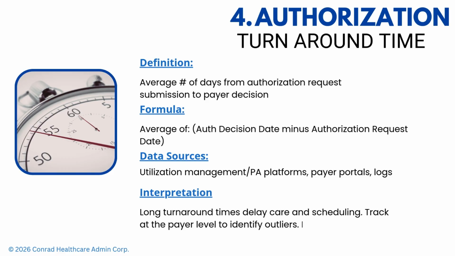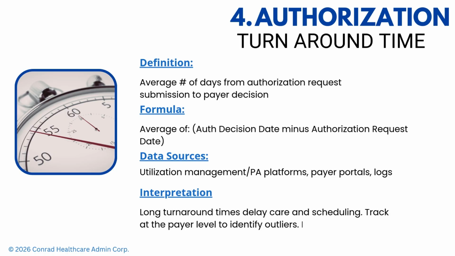Number 4, authorization turnaround time. This is the average number of days from an authorization request submission to the time that the payer makes a decision, whether they approve it or deny it. The formula is the average of the number of days between the authorization decision date and the authorization request date. So it's the authorization decision date minus the authorization request date.